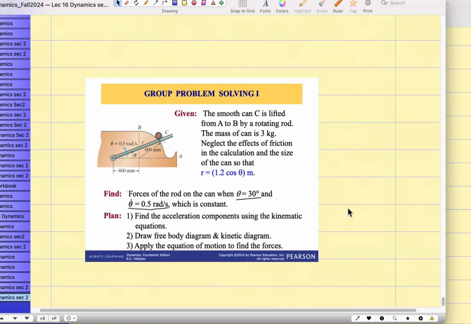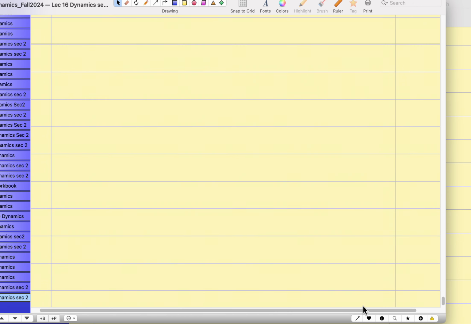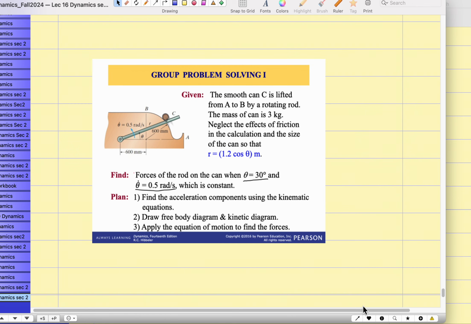Okay guys, the question is: the smooth can C is lifted from point A to point B by a rotating rod. The mass of the can is 3 kilograms.